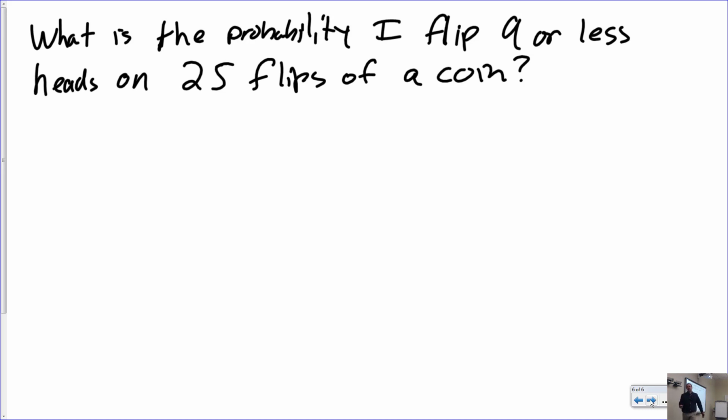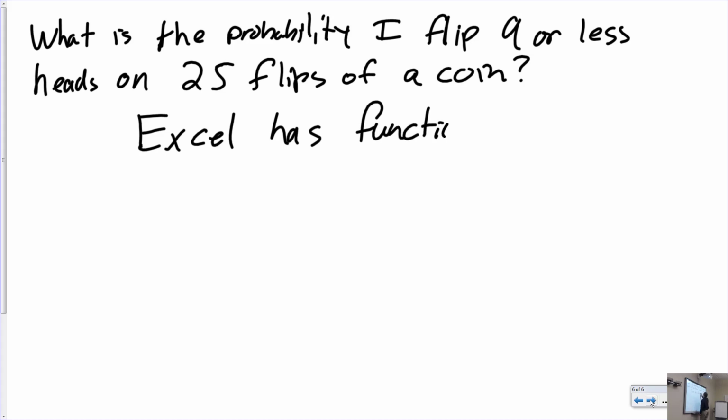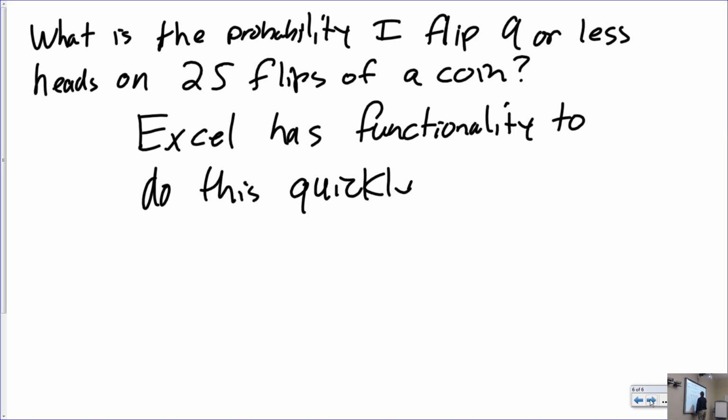And so the reason why I like to point this problem out is that you are more than welcome to use Excel to calculate these values.